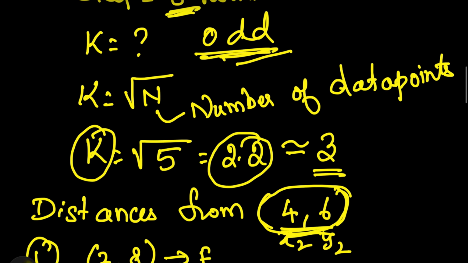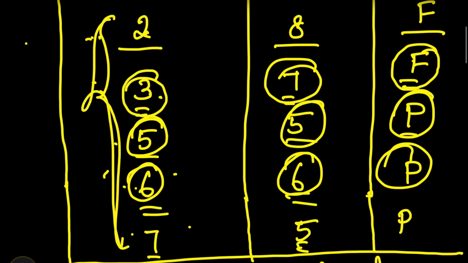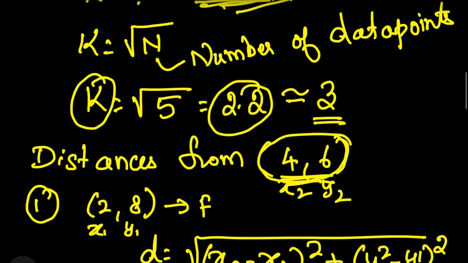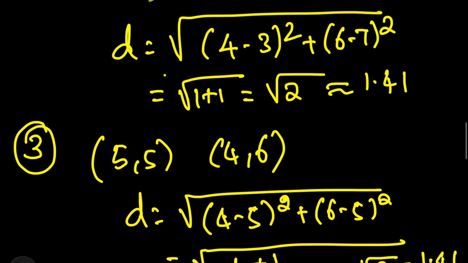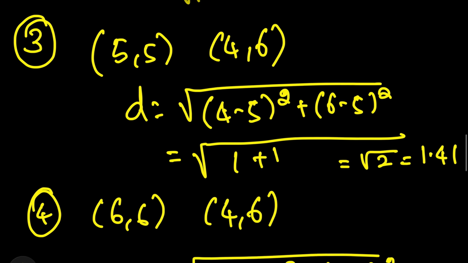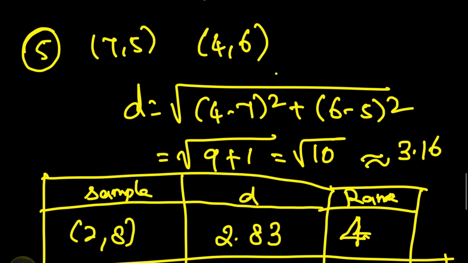For 4 and 6, you have to find the distance for all these samples: 2, 8, 3, 7, 5, 5, 6, 6 and 7, 5. For all of these, we have to find the distance with this 4, 6 using the Euclidean distance. The Euclidean distance is root of x2 minus x1 the whole square plus y2 minus y1 the whole square. By applying this formula, we will find the distance for all the samples with the new sample to be classified, that is 4, 6.